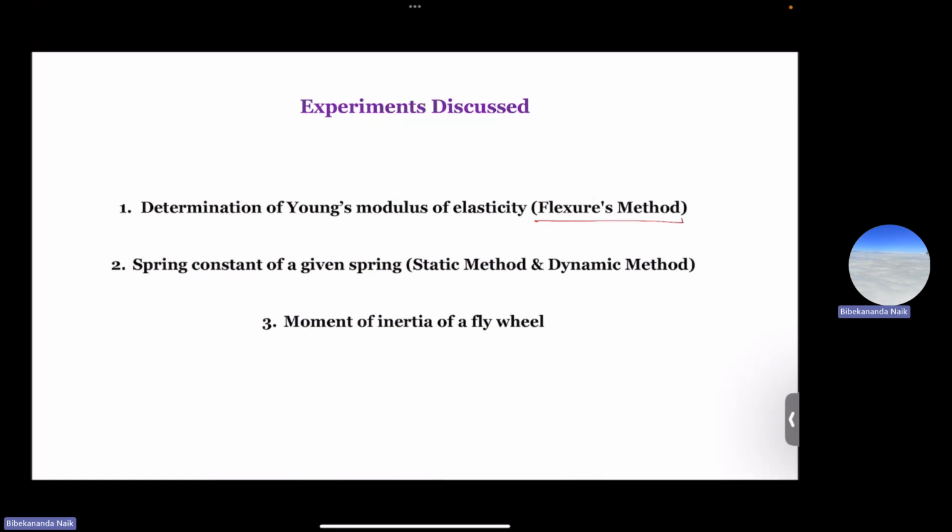So if we talk about Young's modulus of elasticity, in the last interaction session, the week 4 interaction session last Friday, we discussed a few problems based on Young's modulus of elasticity. Now, in order to revise the concept, basically elasticity is the response of a body to an applied force or torque.